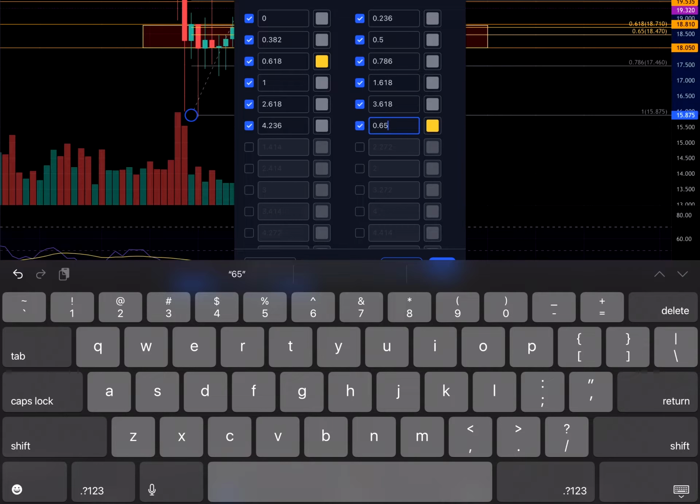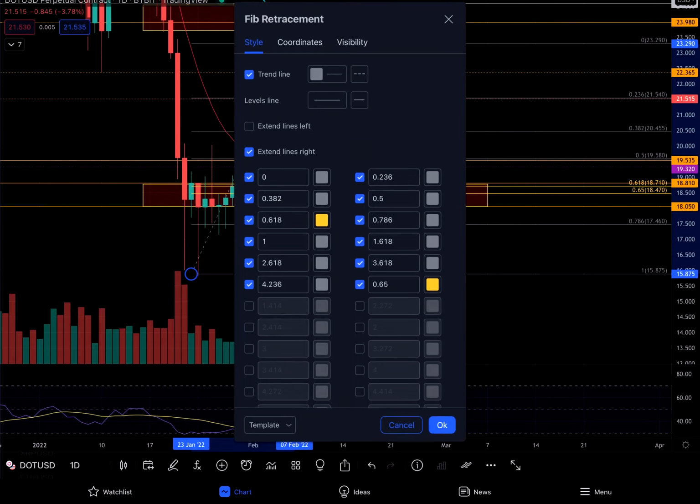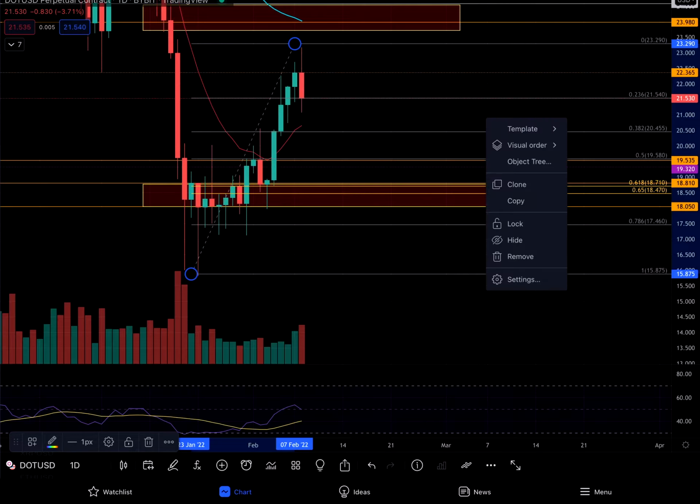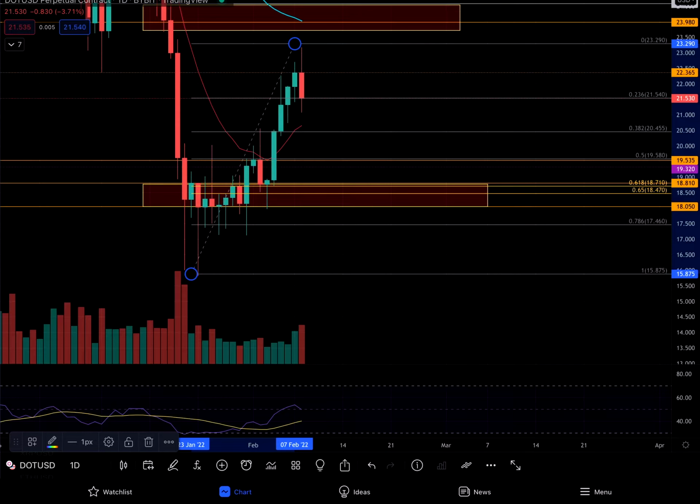Because to me, the ones I'm really looking for are the 0.618 and the 0.65. That's the golden pocket. That's the most important of the fib ratios. The other one you can look for that's almost of equal importance is here. It's the 0.382. I know there's others when you're setting targets for Elliott wave.